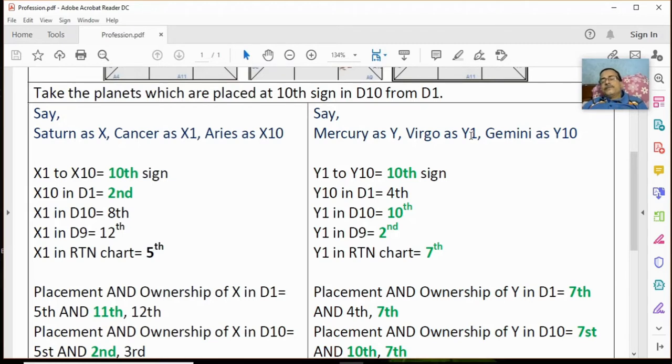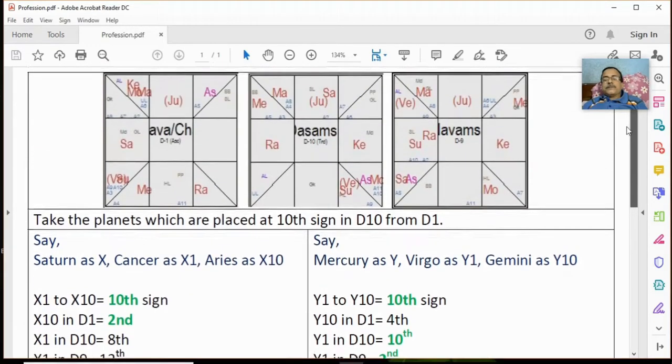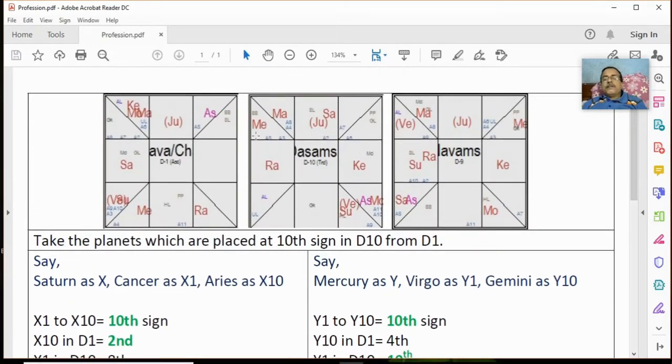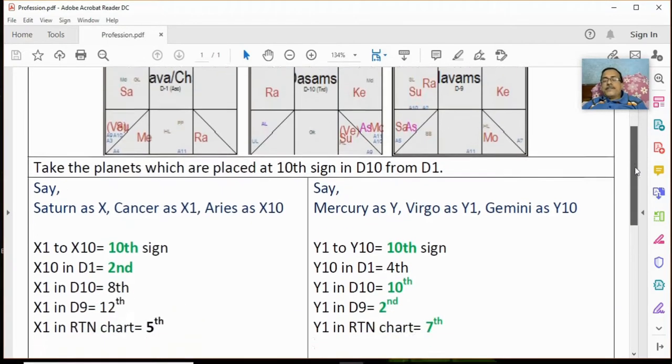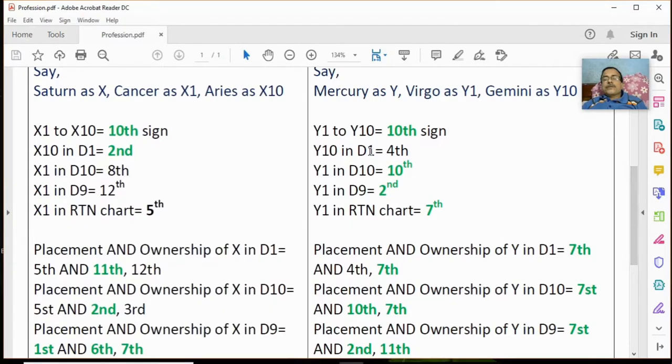In D10, Mercury is placed in Gemini, so we call Gemini Y10. Y1 to Y10 is the 10th sign. Virgo to Gemini is the 10th sign.